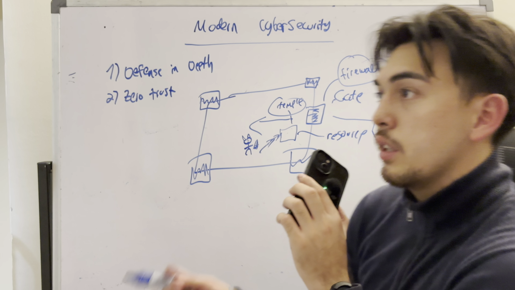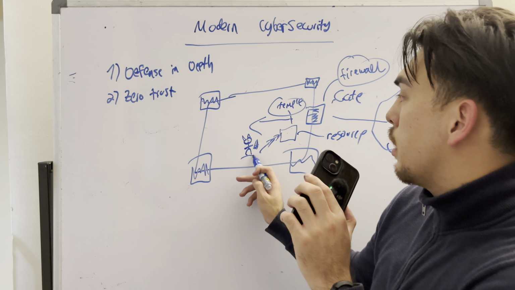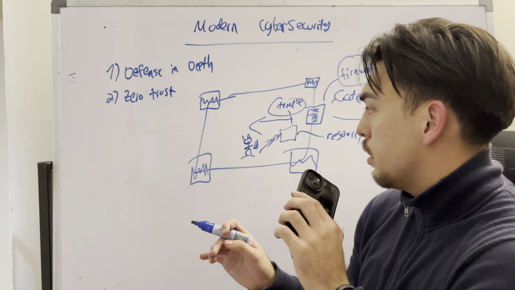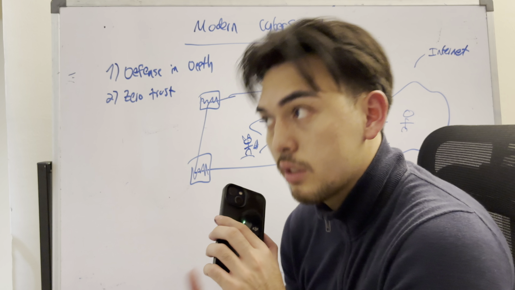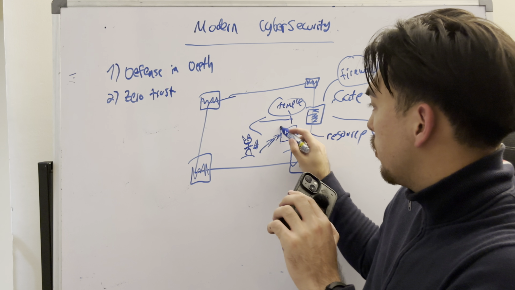Let's say you have to be a monk, father or priest, and because you're a bad guy, you unsuccessfully verified yourself, and so you were not allowed into the temple.